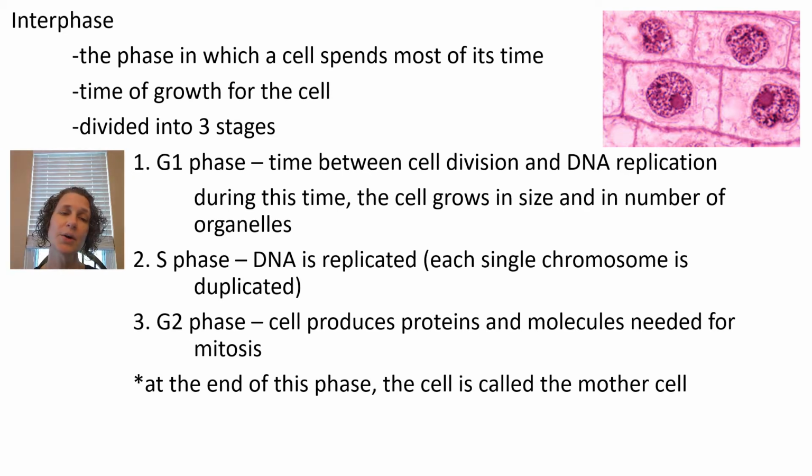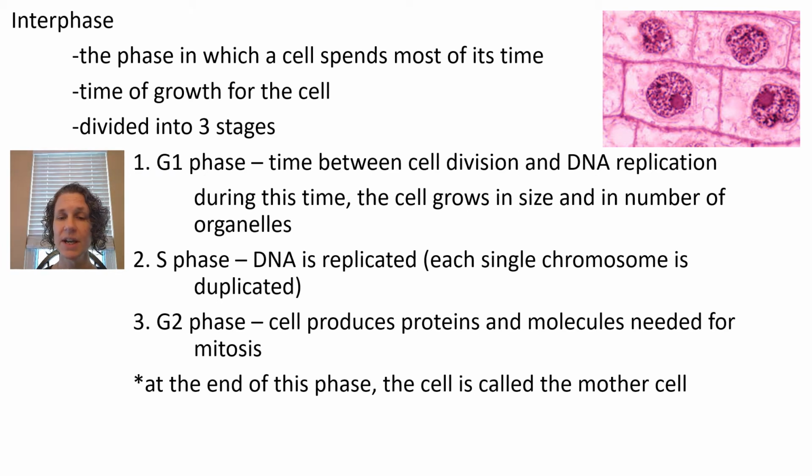But they also are going through these three parts of interphase. They're going through the G1 phase, which the G stands for growth. And this is between cell division and DNA replication. The cell's growing in size, it's reproducing the number of organelles, it's preparing essentially to divide. The S phase is important.